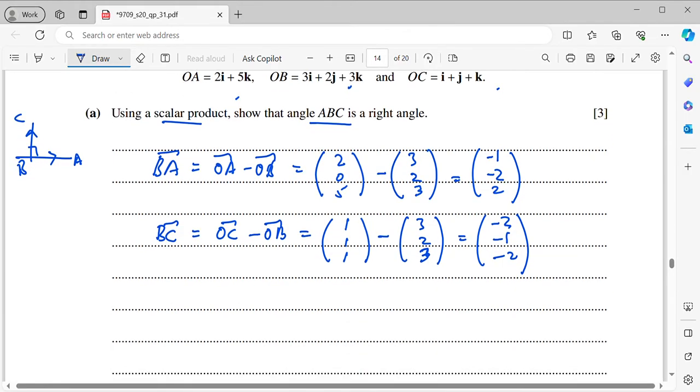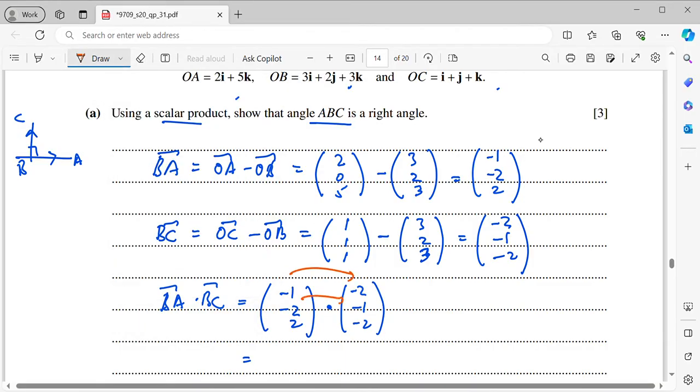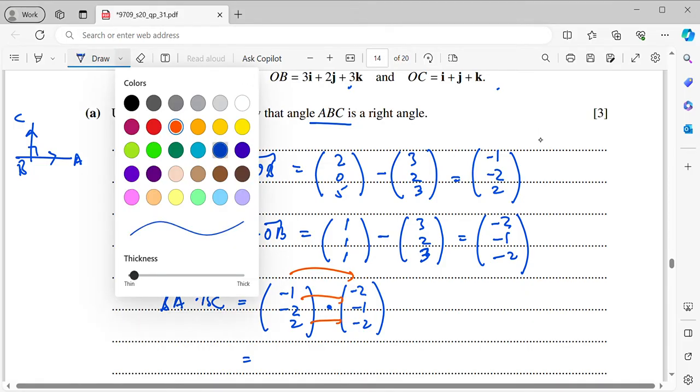Then now use the scalar product formula, BA dot BC. So it will be (minus 1, minus 2, 2) dot (negative 2, negative 1, negative 2). Just do the multiplication, multiply and add all together. Make sure it is 0.